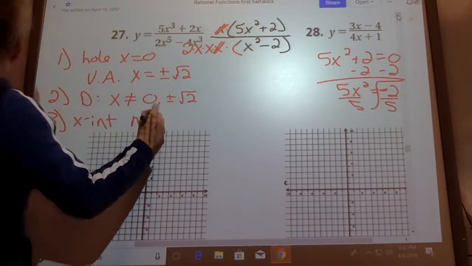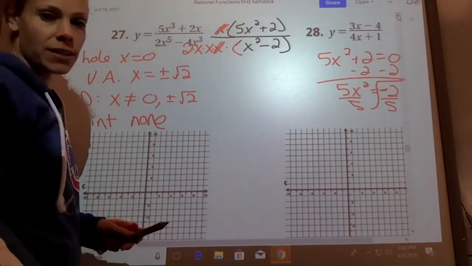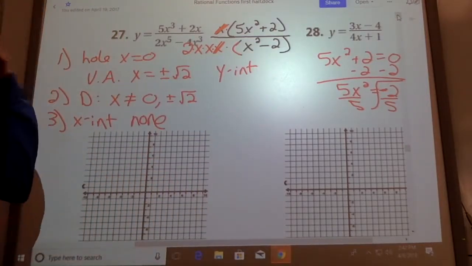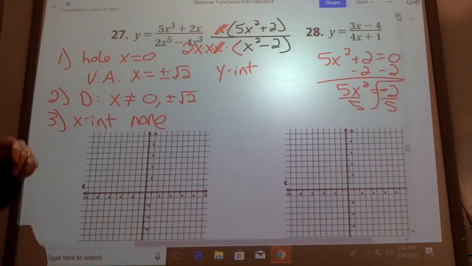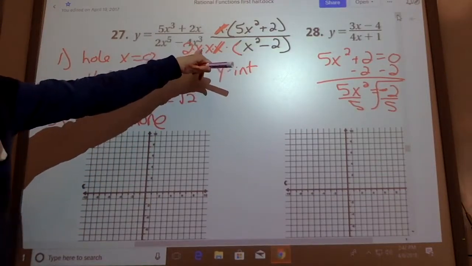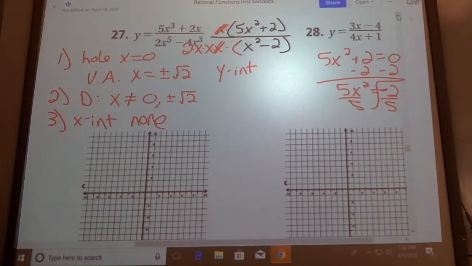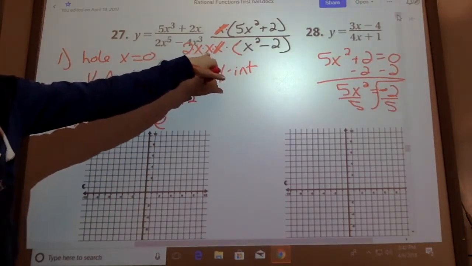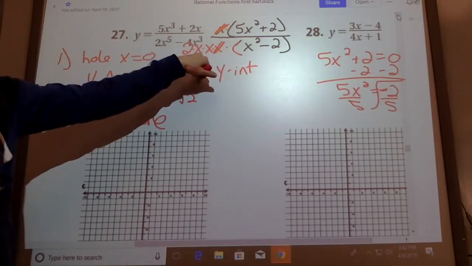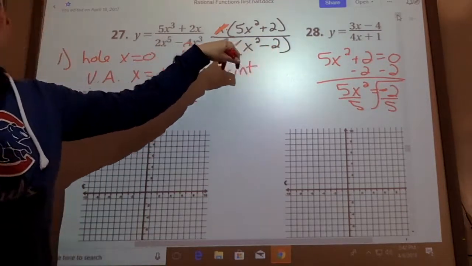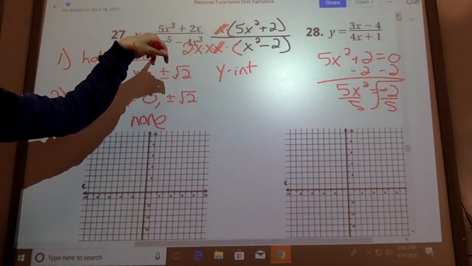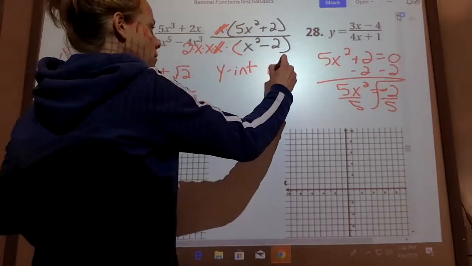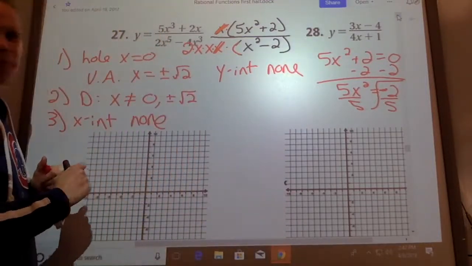So none. What about the y-intercept? You put 0 in for x. But I still have x's out here that I'm multiplying. If I put 0 in for these x's, the denominator becomes 0. Can you ever divide by 0? No, so none.